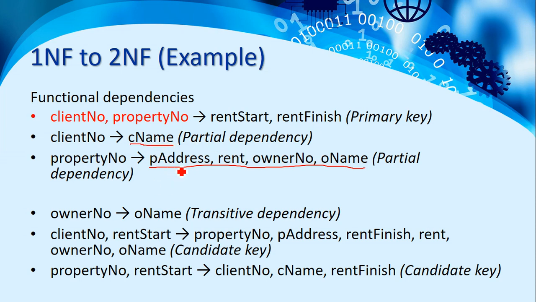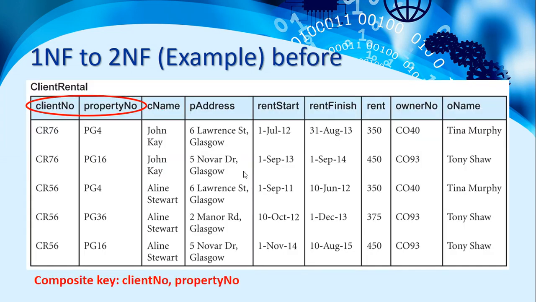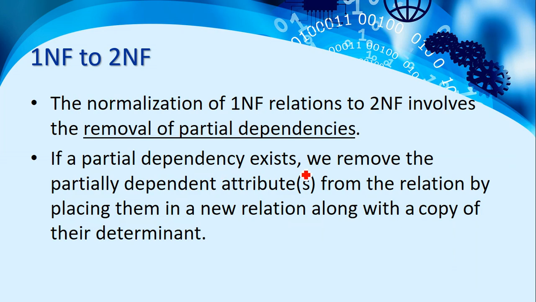Okay, so since we have figured out the partial dependencies, the client name, the property address, rent, owner number, owner name, what we're going to do is remove them and place them in a new relation along with a copy of their determinant.